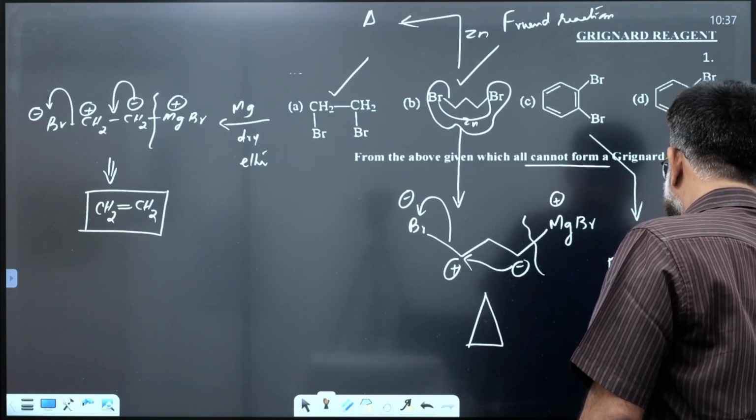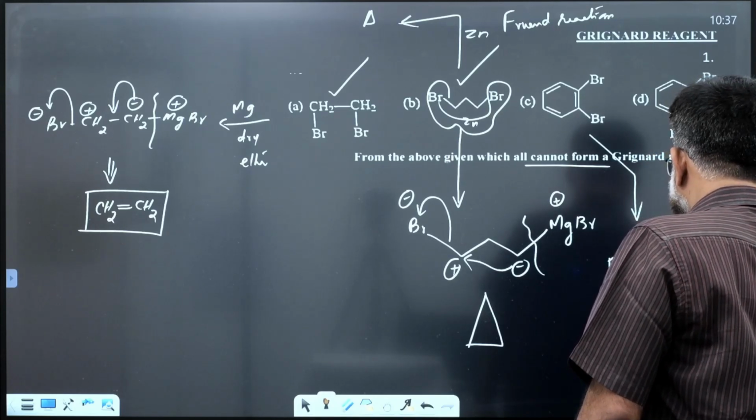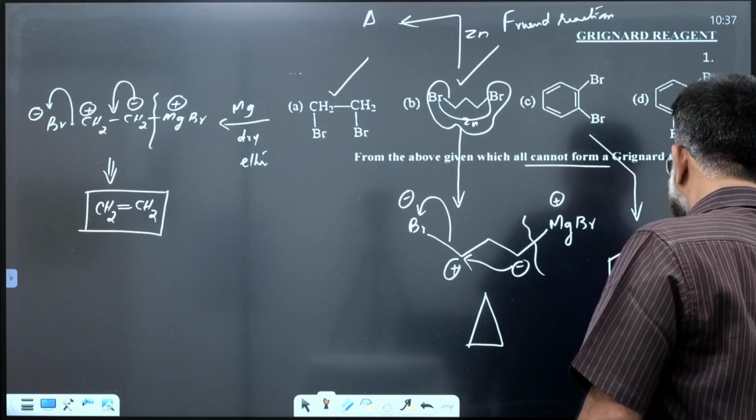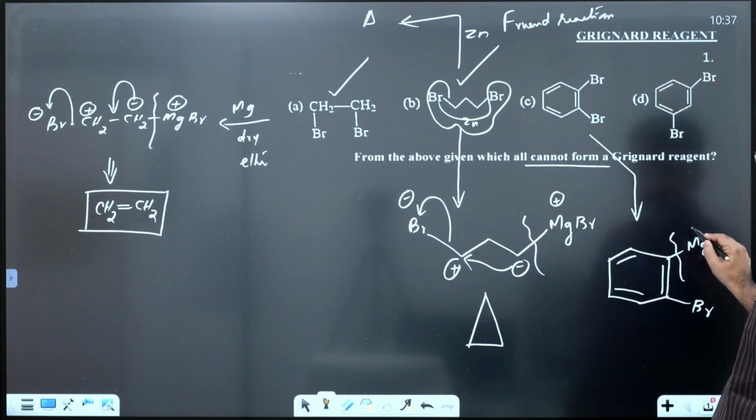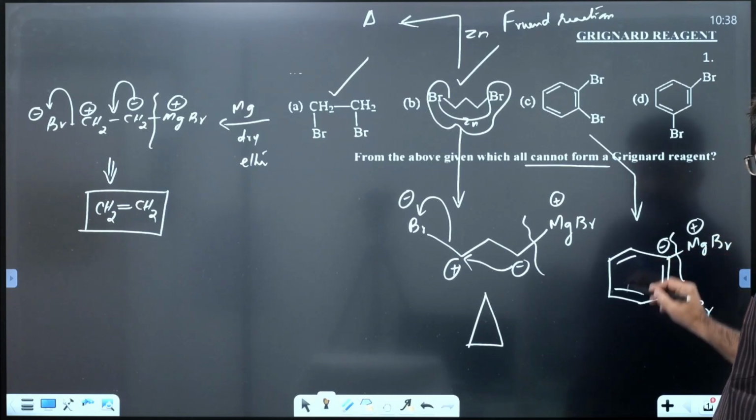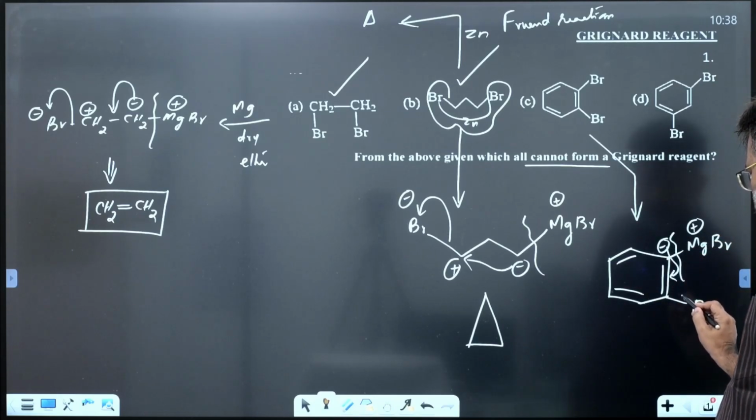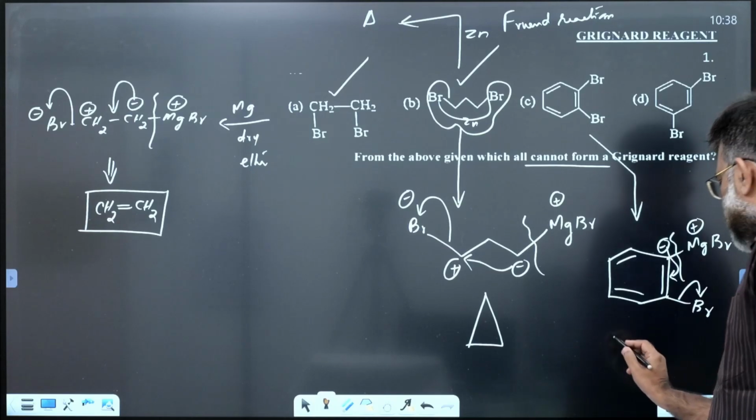As you can see, you are getting MgBr over here and Br over here. It breaks here as plus and minus. This electron pair will be shifted as it breaks as Br minus.